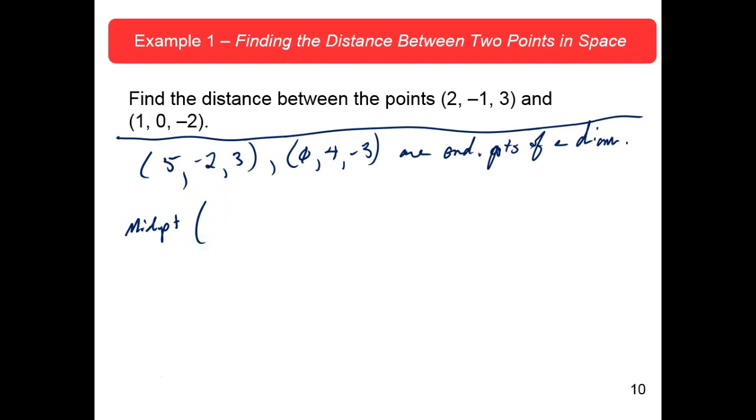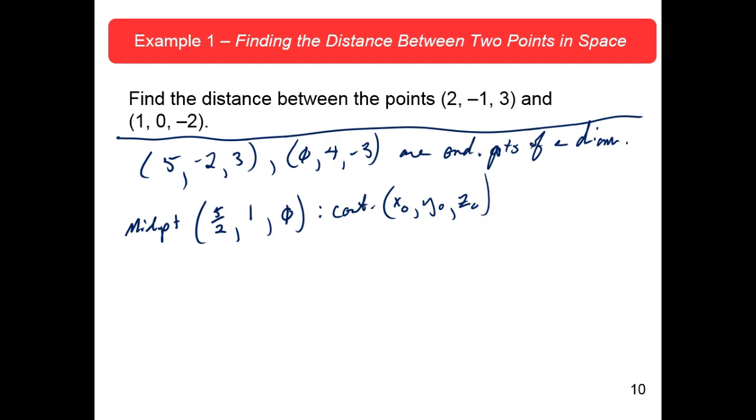Second? 5 plus 0 over 2, which would be 5 over 2. Positive 1. 0. That is the center of the sphere, which we were calling x0, y0, z0, right?